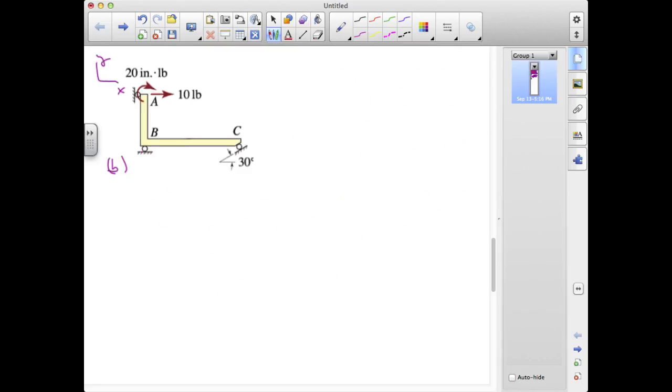Okay, for part B, we have roller supports at A and B, and so I'm going to draw a single reaction here at A and a single reaction at B. We have a roller support at C as well, and now the roller is sitting on an incline of 30 degrees.